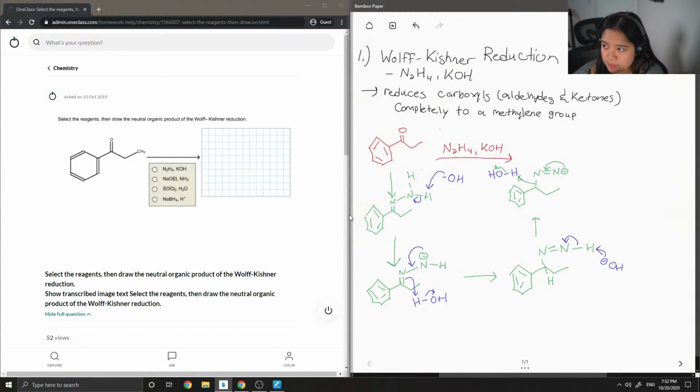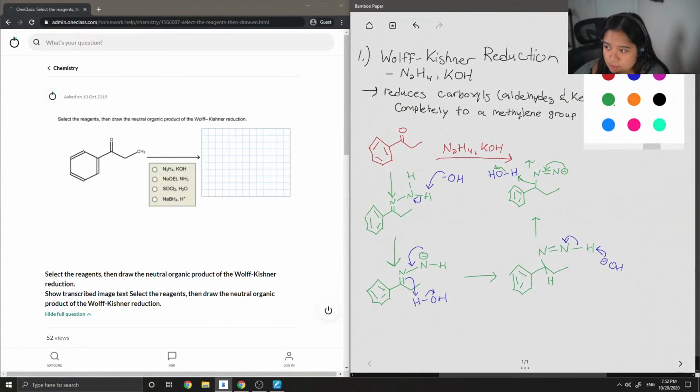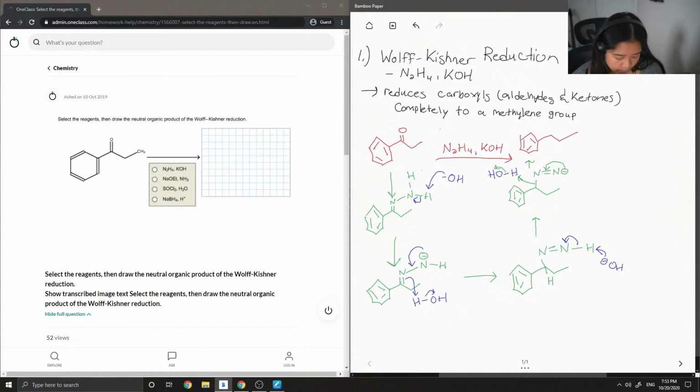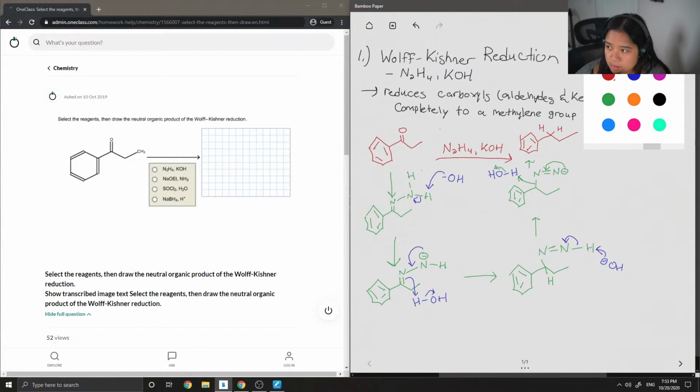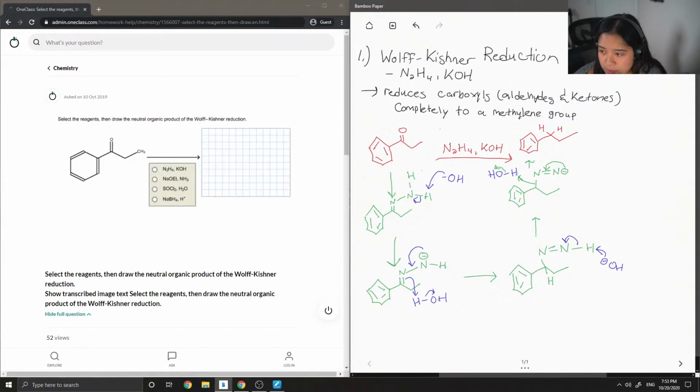Then our final product looks like this. And then I'll also show the two new hydrogens that are now there instead of the ketone. Okay, so that's our final product. Let me just put it in a box.